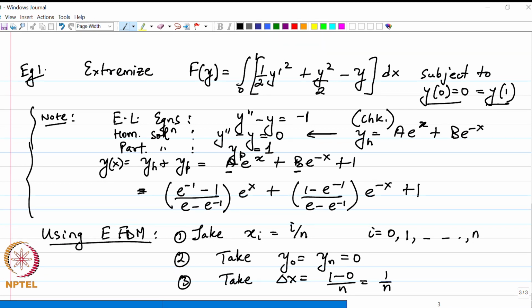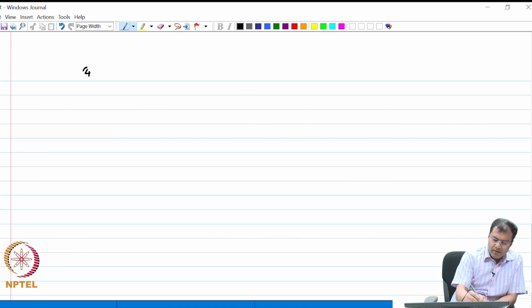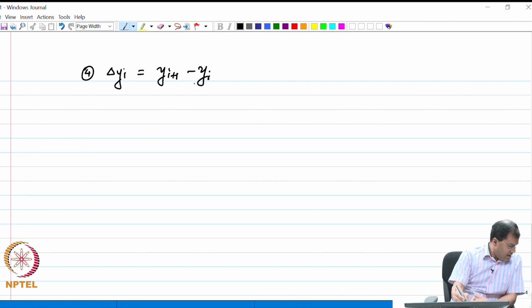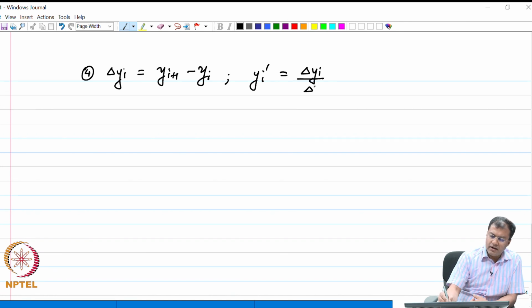So, then further we can describe delta yi. Delta yi is yi plus 1 minus yi, and yi prime, which is the derivative of y at the point xi, is delta yi divided by delta x, and delta x is 1 by n. So, this reduces to n times yi plus 1 minus yi.